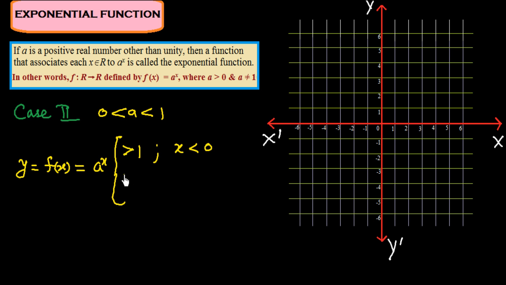It is equal to 1 if x is equal to 0, and it is smaller than 1 for x is greater than 0. So this is the way we see here. It is just the reverse of what we studied in case 1. The graph would be totally changed. So first I would like to explain by this graph.